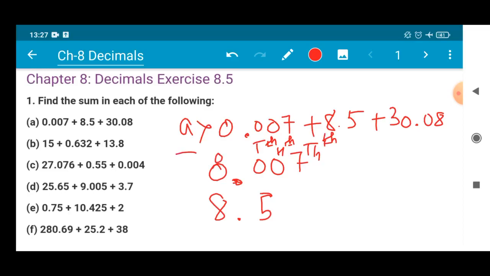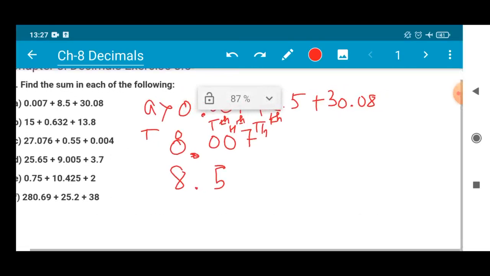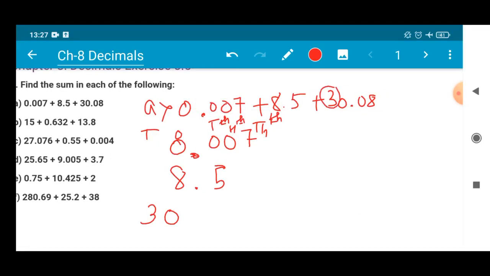And this is ones, tens, it will go on like this on the left hand side of the decimal. So this is very simple. And 30.08. Now 3 is in the tens position, so it should be kept on its place only. Similarly, 0 is in the ones position, 0.08.